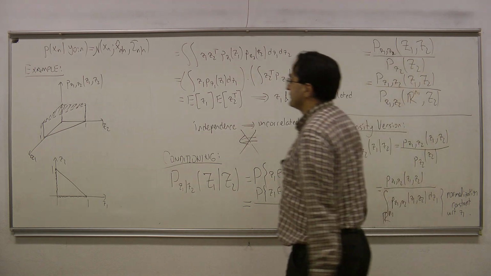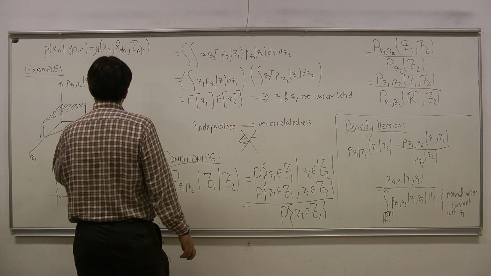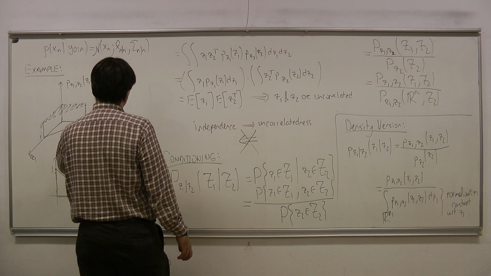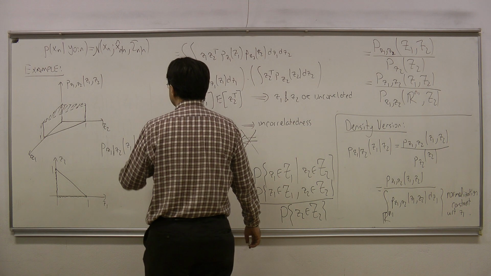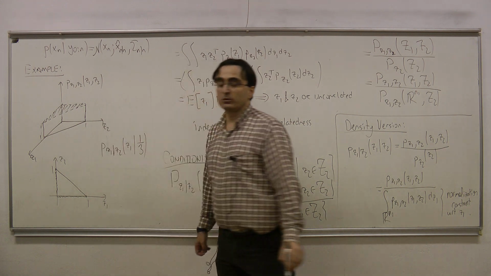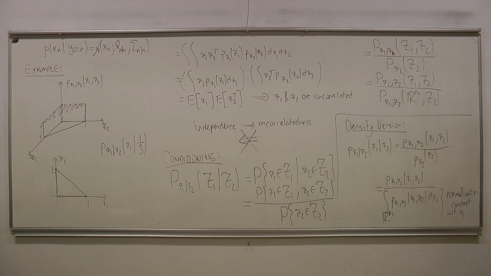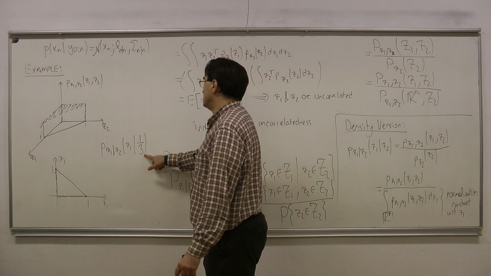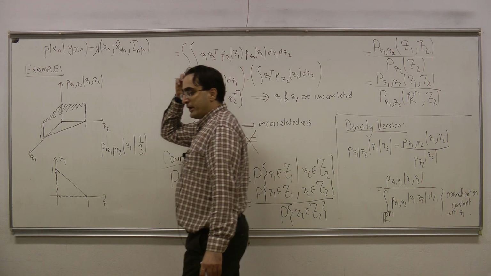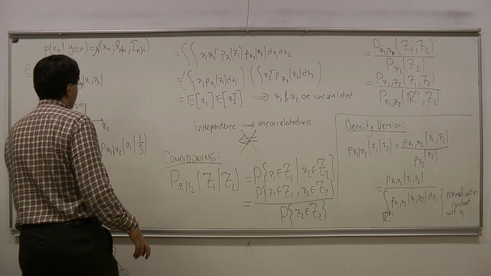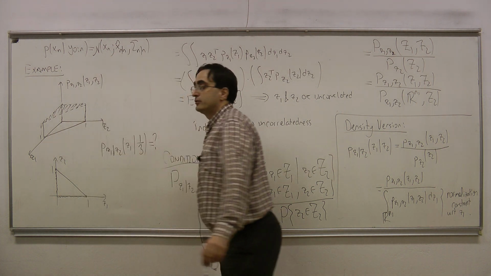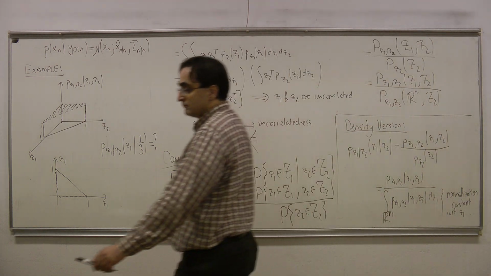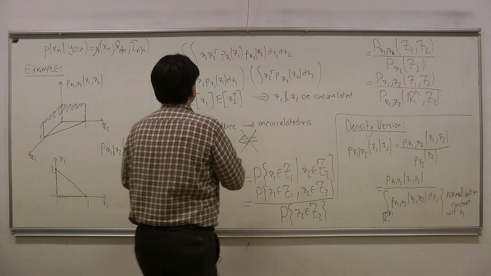So now the task is to find the conditional PDF of Z1 given Z2 equals 1 over 3. Suppose that somebody gave us the value of Z2, which is equal to 1 over 3, and I need to find this conditional distribution. Conditional PDF, I mean.